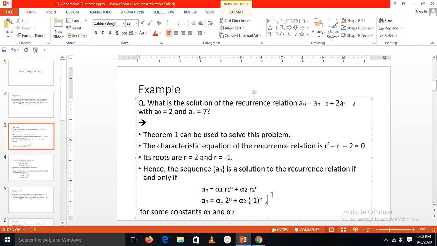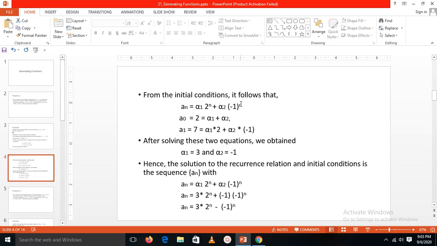Now put the values of r1 and r2 in this equation. By putting the values, r1 means 2 raised to n, plus r2 equals minus 1 raised to n, for some constants alpha 1 and alpha 2. So up to this point we got the r1 and r2 values. Now obtain the alpha 1 and alpha 2 values. How can we obtain those values? See here.